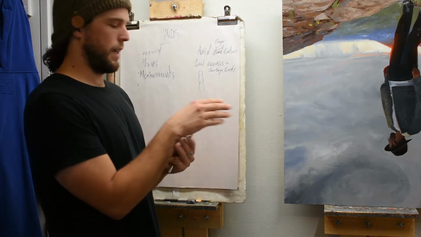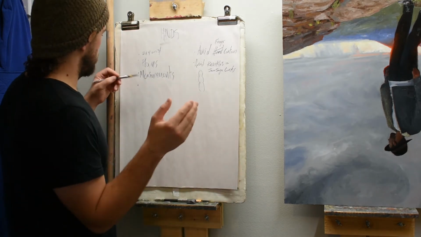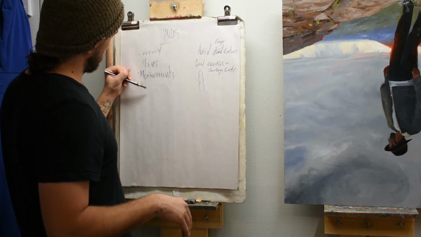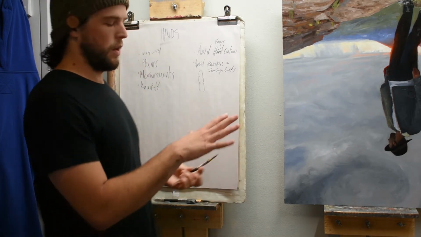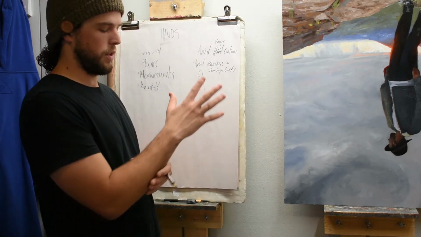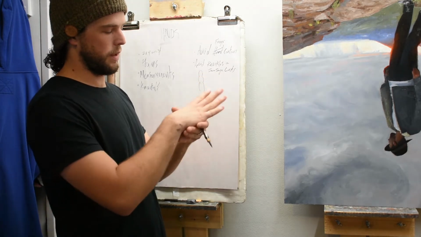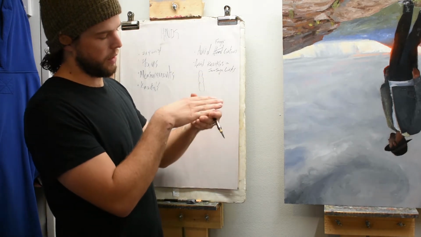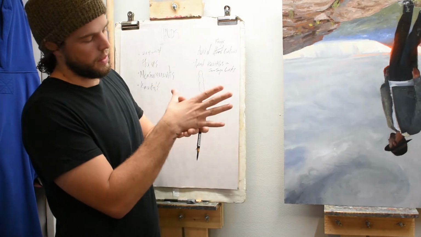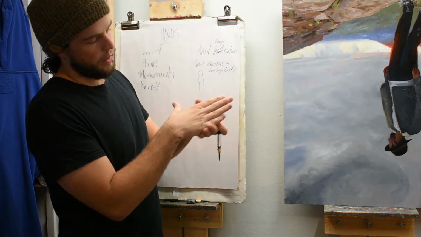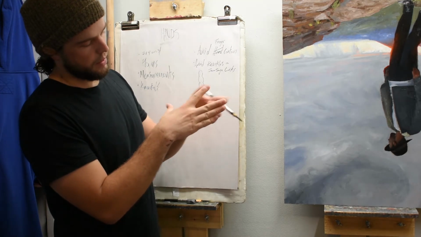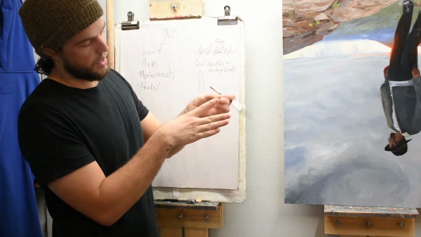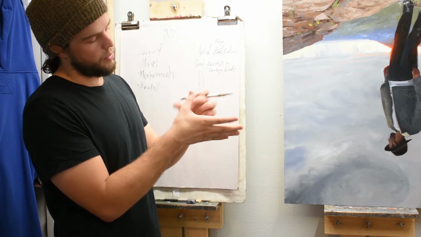And then the last thing I think about is, hold on, let me write knuckles. The last thing I think about here is just a general taper that's happening. All of these things are tapering down from the widest point down, down, down. Even in the big picture it's tapering down like this, but on a much smaller picture our fingers are tapering down.